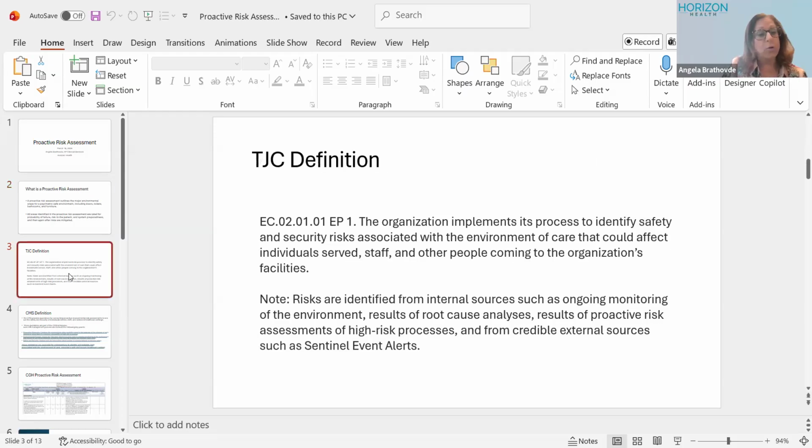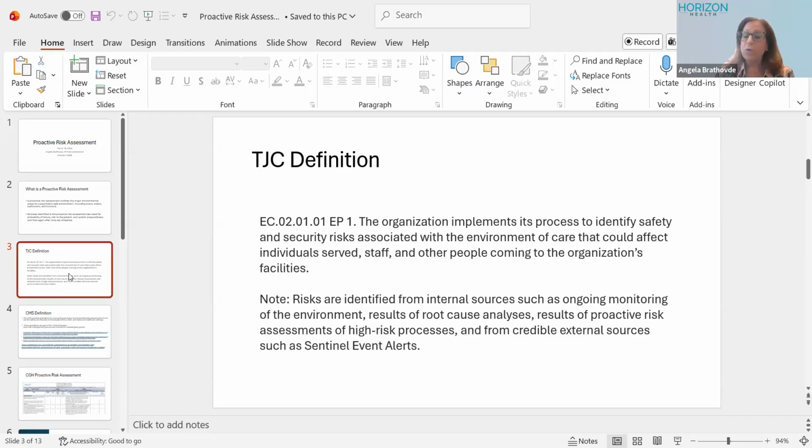So I'm going to show you the Joint Commission definition, since you're a Joint Commission hospital, for element EC 02.01.01. Element of performance number 1: the organization implements its process to identify safety and security risks associated with the environment of care that could affect individuals served, staff, and other people coming to the organization's facilities.